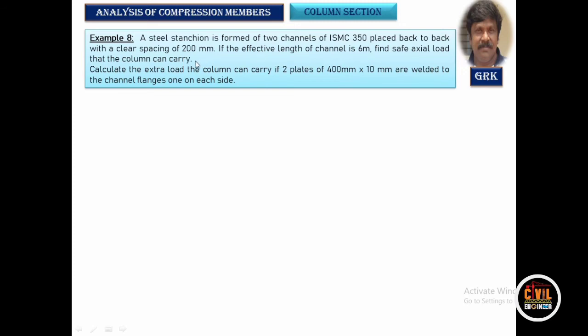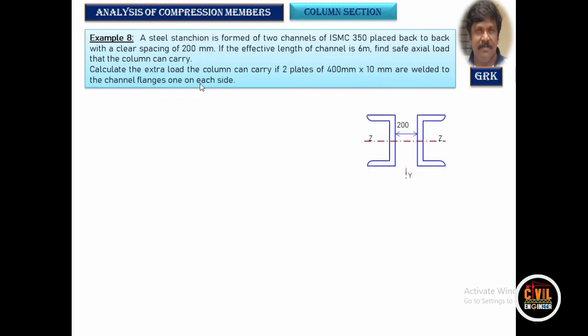We have to find out the safe loading capacity. This is one part of the question. We have an additional part where it says that two cover plates of 400 by 10 mm are to be provided on either side of the flanges of the channel section, and we have to find out what will be the load carrying capacity, how much extra load it can take.